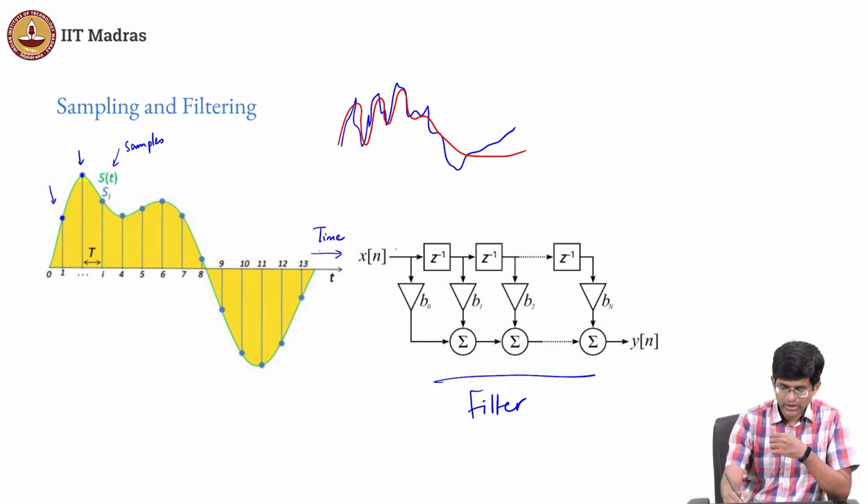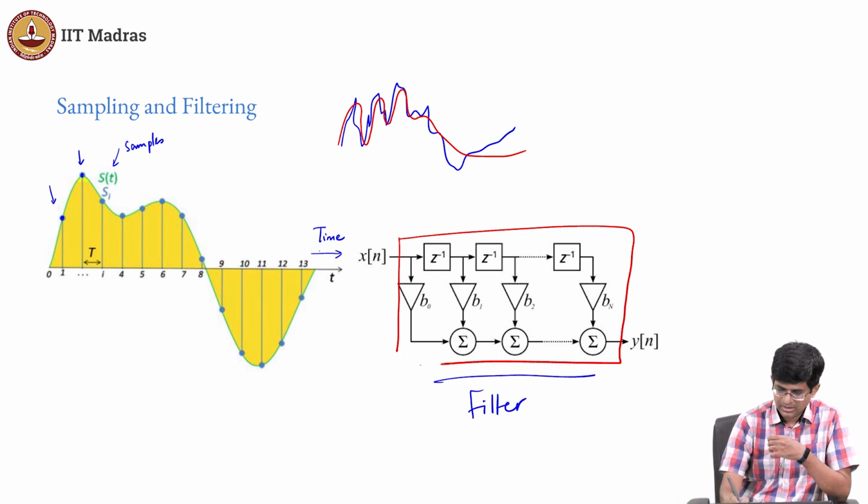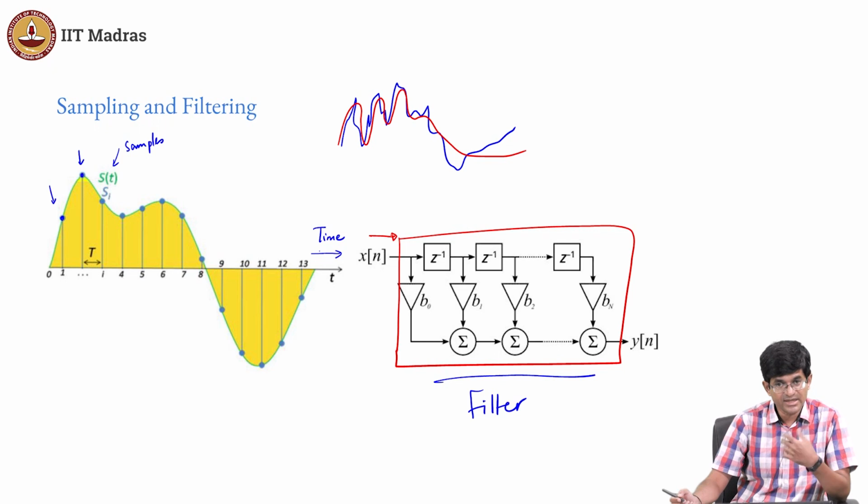Now, the point is, look at what a filter looks like, right? It is taking in data in a certain format, which is a sequence of numbers, and giving out data in the same format, another sequence of numbers, right? Sounds familiar? This is exactly what a Unix pipeline was also trying to do, okay?